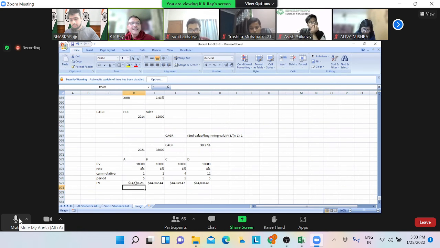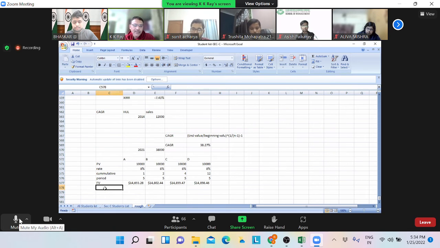So you see, one bank is giving you 8%, but that is cumulated annually. Another bank is offering the same interest rate, but that is cumulated monthly. So you see, this is the future value, but here you see the future value, there is a difference. So from here, we need to calculate the effective interest rate.